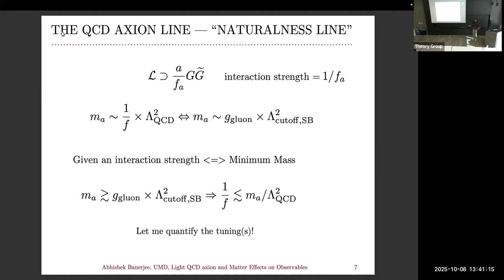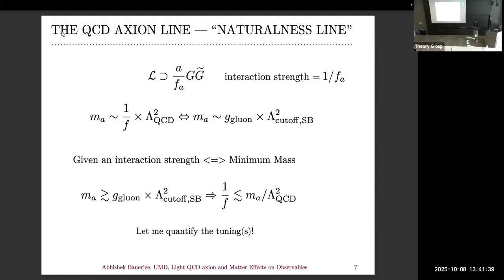You'd just use your naive naturalness argument, and you'd be saying, well, it's a dimension 4 operator, so it would be some lambda to the power 4. I need 2 insertions, so with 1 over f squared, that would be m squared, or delta m squared. Or another way to say it, the mass would be the coupling, whatever it is, times some characteristic scale.